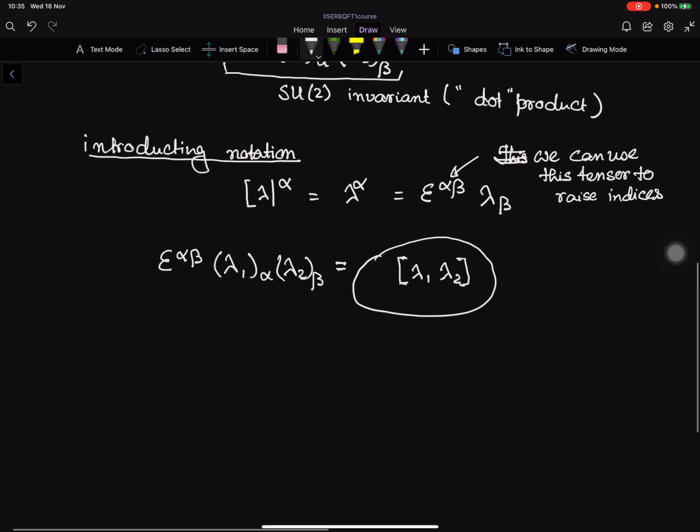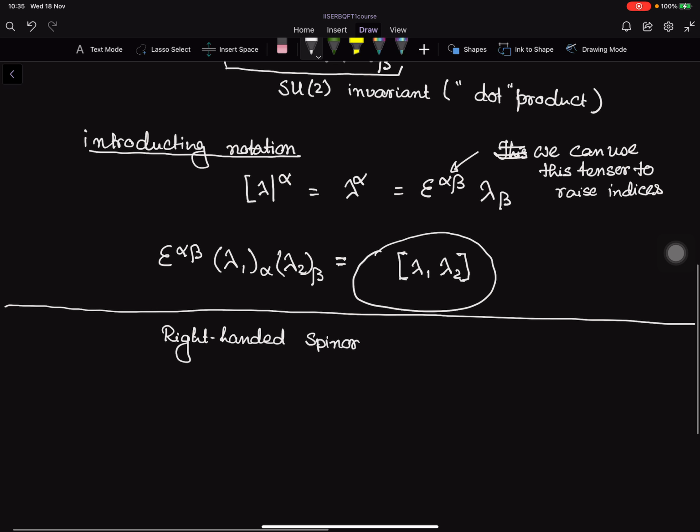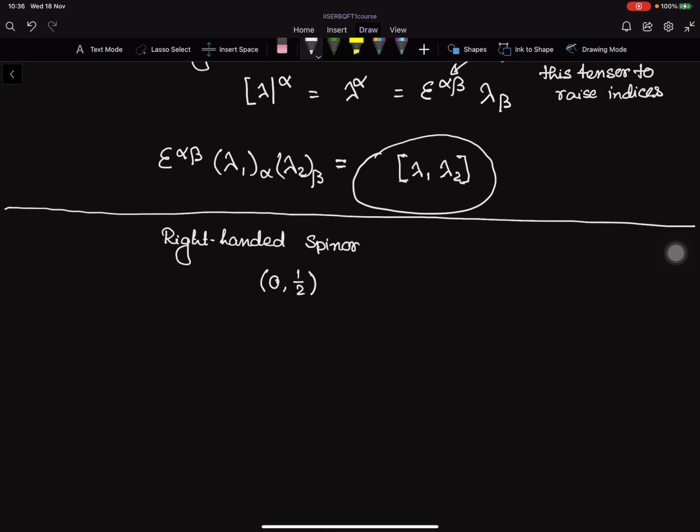Similarly, we can also define something called a right-handed spinor, which is simply the representation 0, half. So this also has two components.